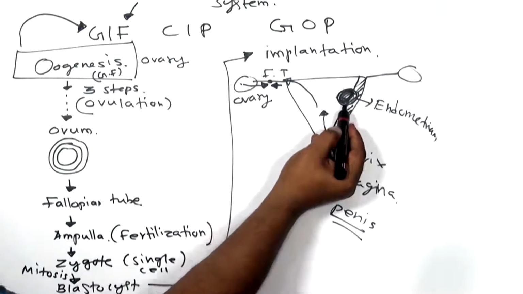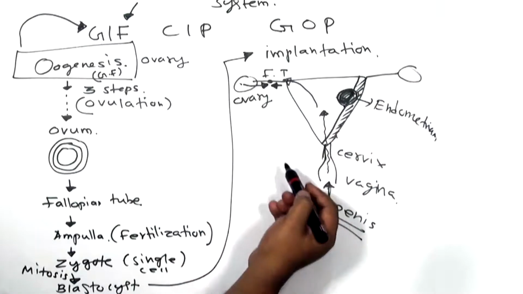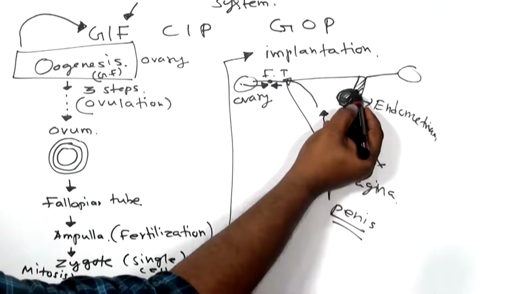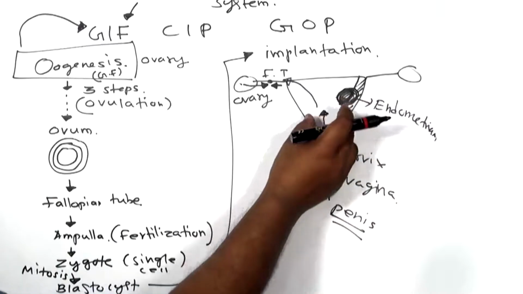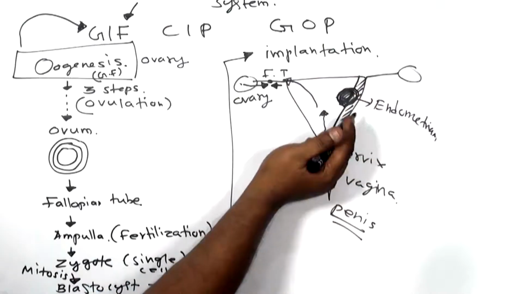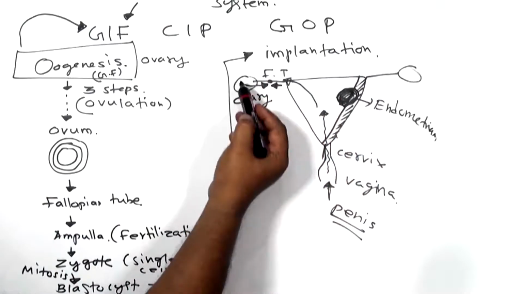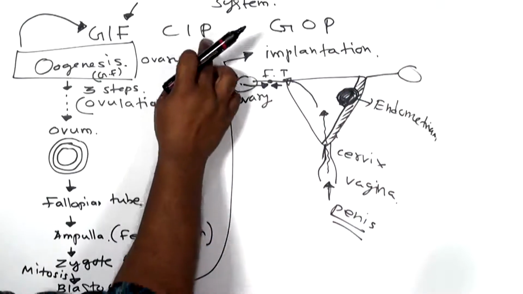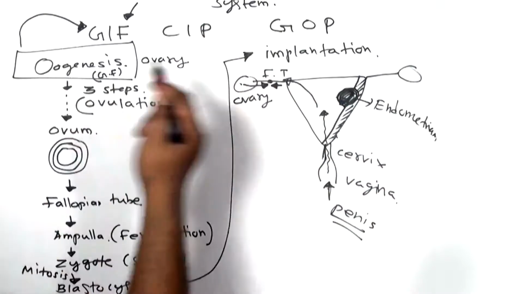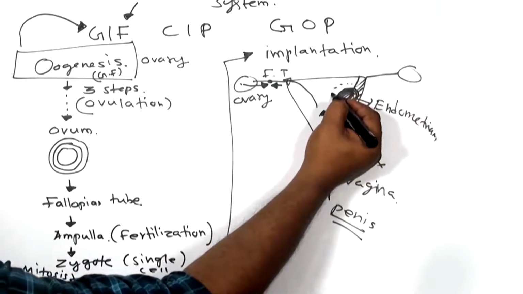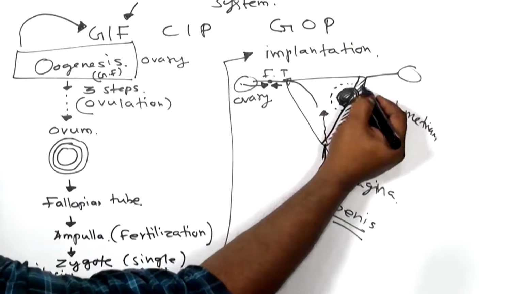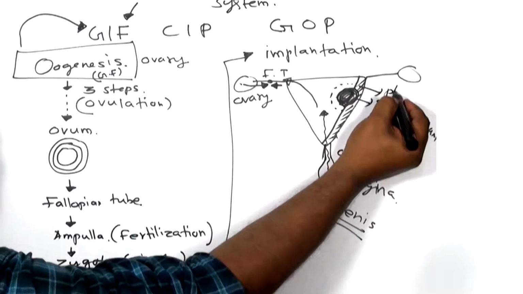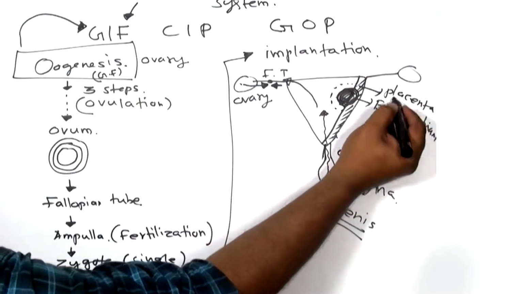There is a requirement that this fetus, or maybe a zygote or cleavage zygote, needs a connection between the mother and the baby. For that, placentation takes place. A layer will form surrounding it. We call it placentation, so the placenta will be formed.